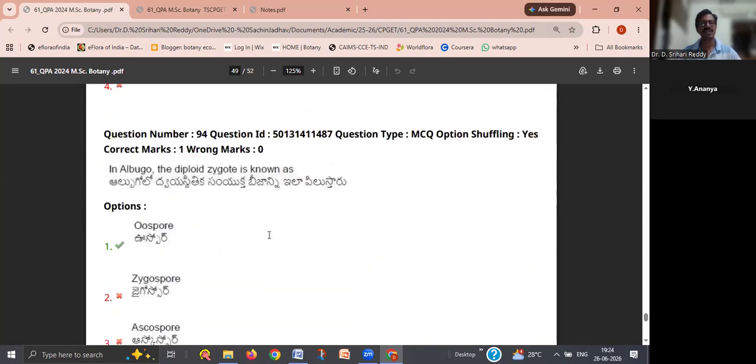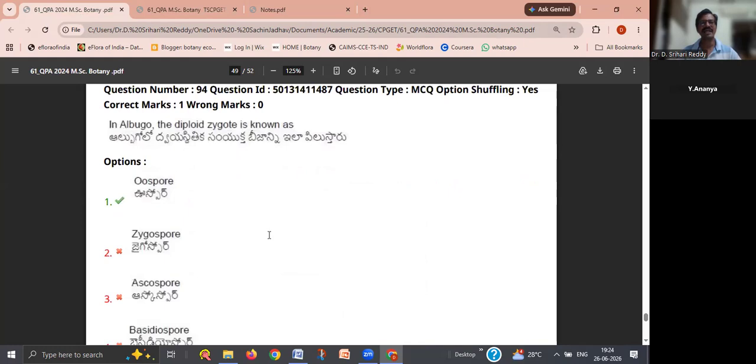Next, in Albugo, the diploid zygote is known as what? Albugo also belongs to fungi, to Phycomycotina or Phycomycetes, class Phycomycetes, subdivision Phycomycotina. There are Phycomycotina, Zygomycotina, Ascomycotina, Basidiomycotina, and Deuteromycotina.